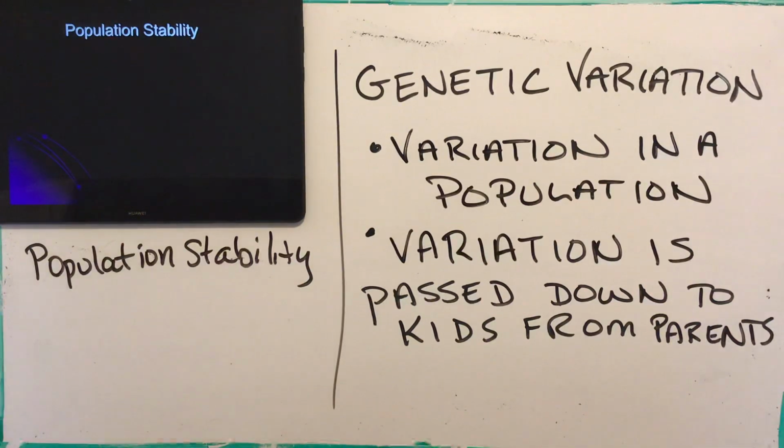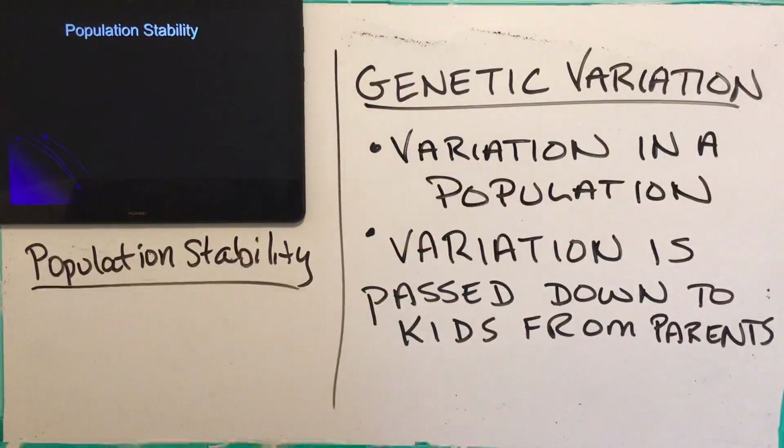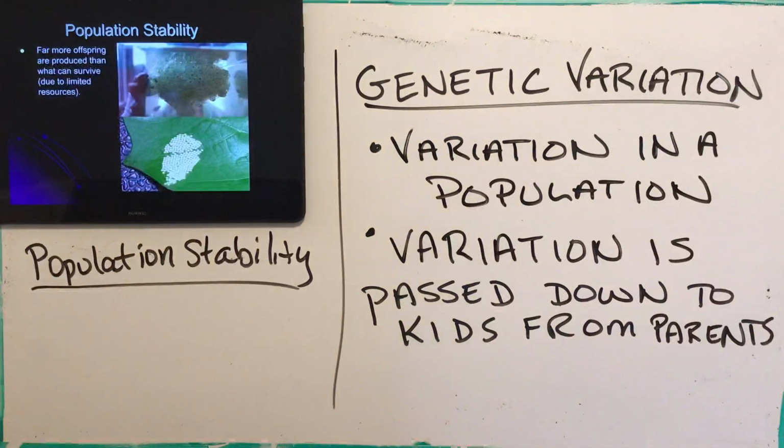Yeah, people die and some people are born, or some insects die and some insects are born, but the population stays at roughly the same number year after year after year. That's what population stability is talking about, right? So, the first thing, way more offspring are produced than what can survive, right?